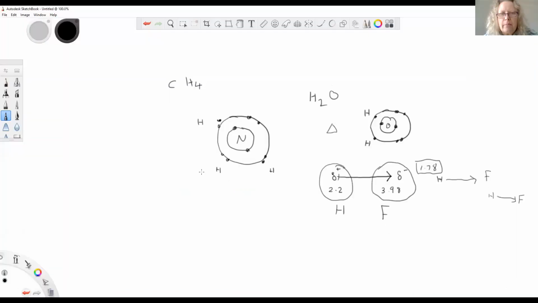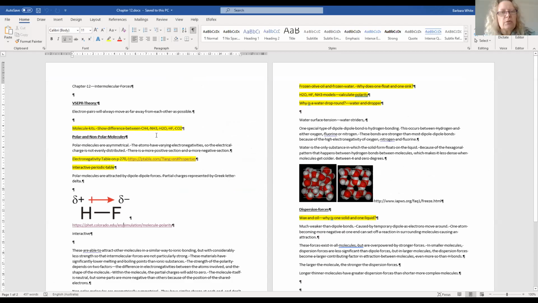And then there's the whiteboard again. And I'm going to just put up a couple more notes for you. I won't cut and paste, I'll just put this straight up here. The VSEPR theory, which is what I got before. You've got molecule kits so that you can make those things and see the angles between the molecules.